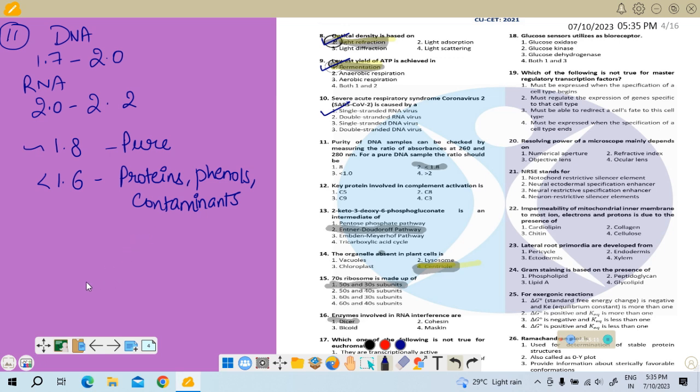And so here, now coming to the ratio, that is 260 over 280.